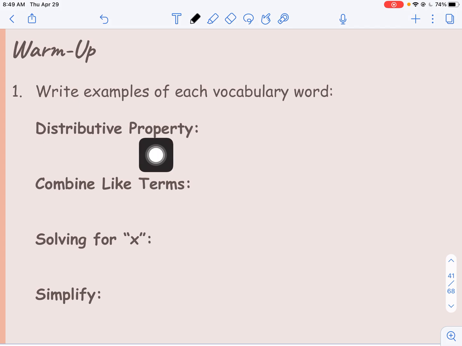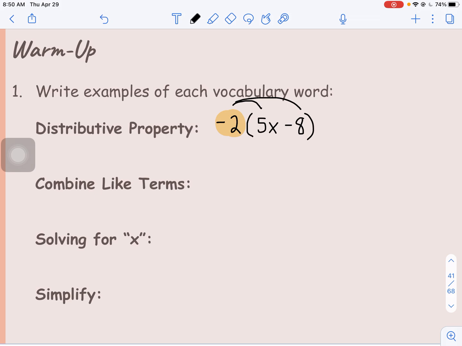For the distributive property, in order to use the distributive property, you need to have a number outside a set of parentheses. So this number, -2, is going to be distributed onto everything inside of the parentheses.